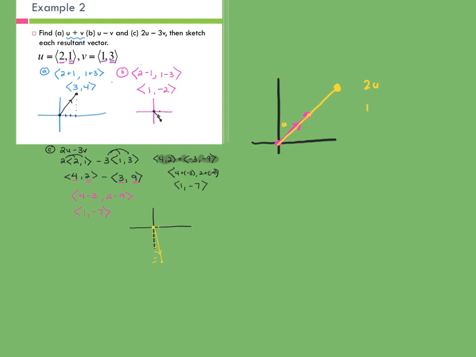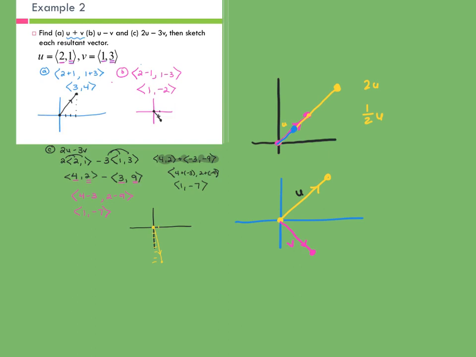If it said 1/2 u, it would be 1/2 the length of u, so maybe around there. If you're going to add two vectors, so let's say this is u, and this is v, and it wants you to add these two vectors, then what you're going to do is draw almost like a parallelogram.